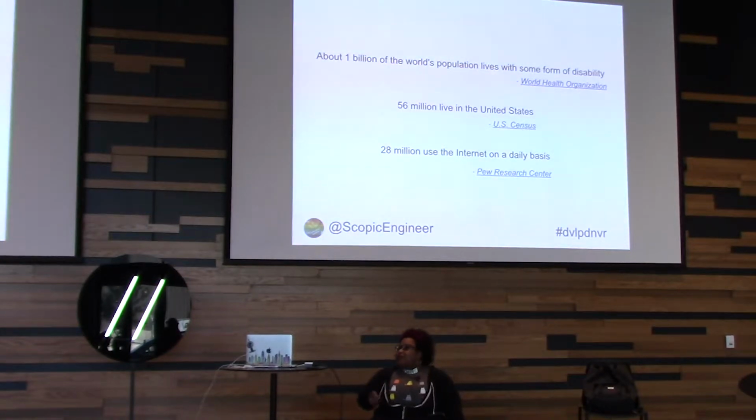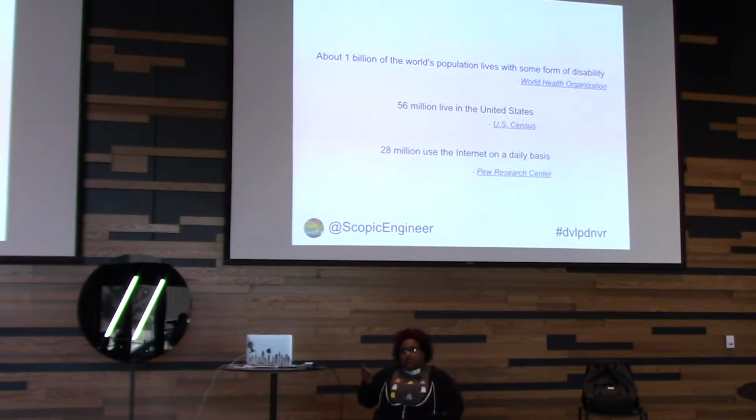So on the screen are just some numbers to establish who the users are that we're talking about. According to the World Health Organization, about 1 billion of the world's population has some form of disability.